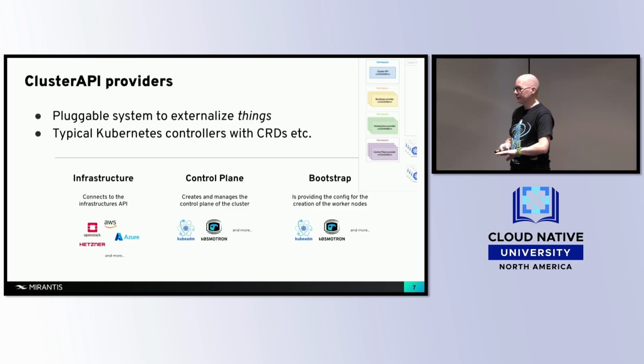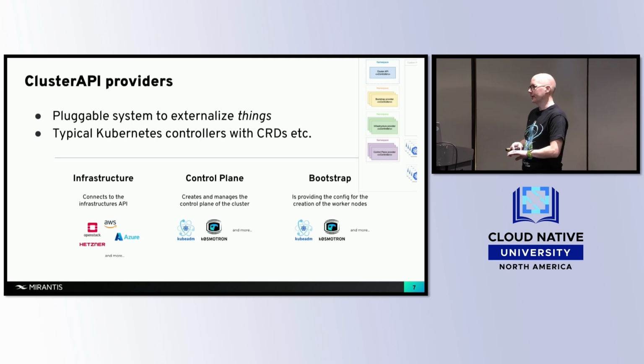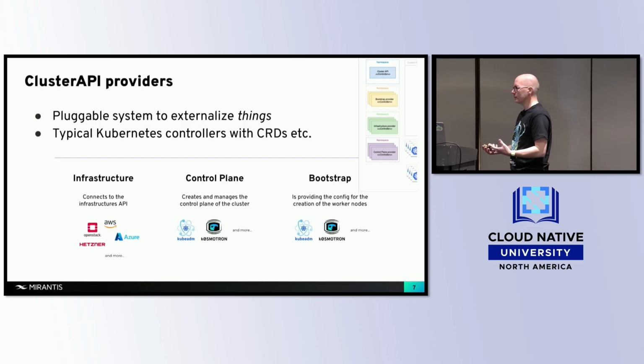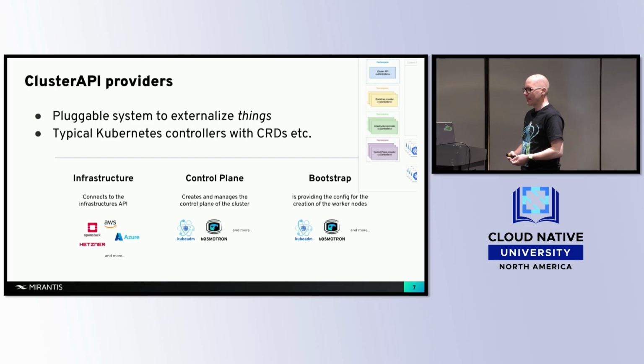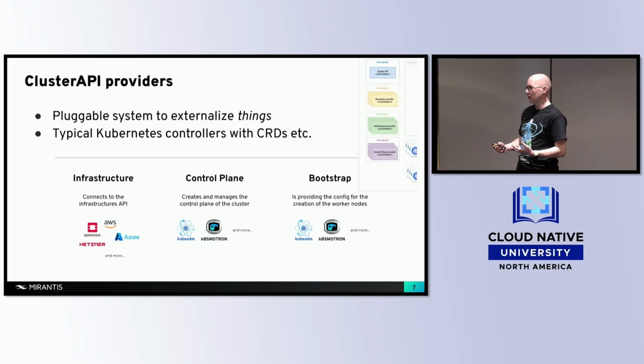Control plane provider, as the name implies, that's a provider responsible for figuring out how we actually configure and run the control plane for the workload clusters. And then a bootstrap provider, that's responsible for running and configuring the worker machines of those child clusters, workload clusters.